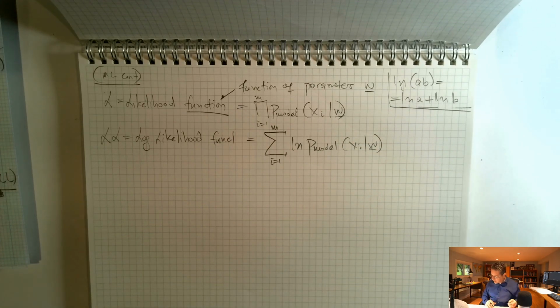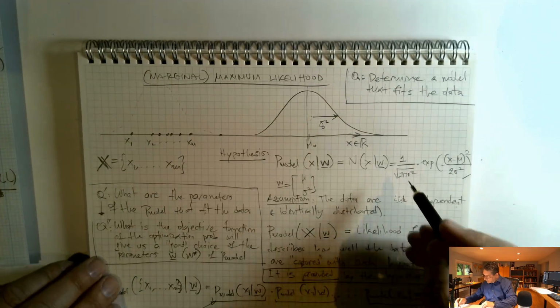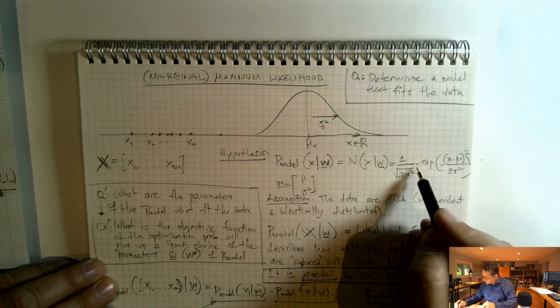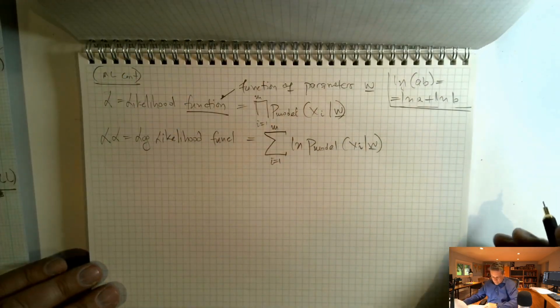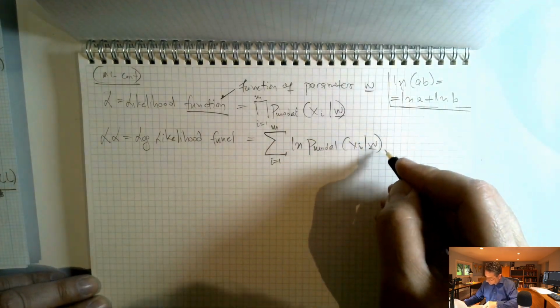And if you do the math, and do all this replacement and put a natural log in front of each of these terms, you will come to the following closed form expression for the log likelihood.